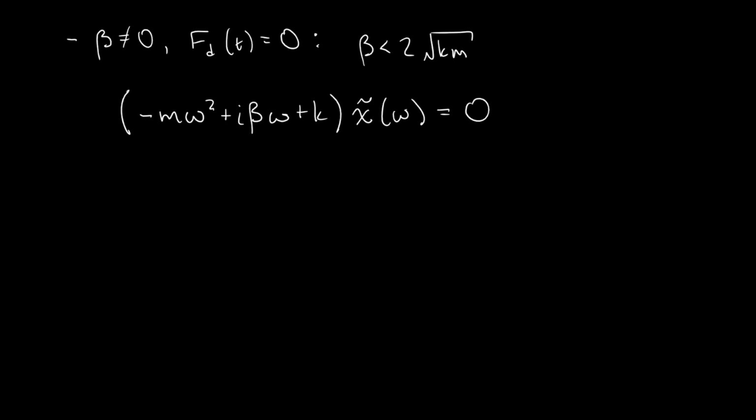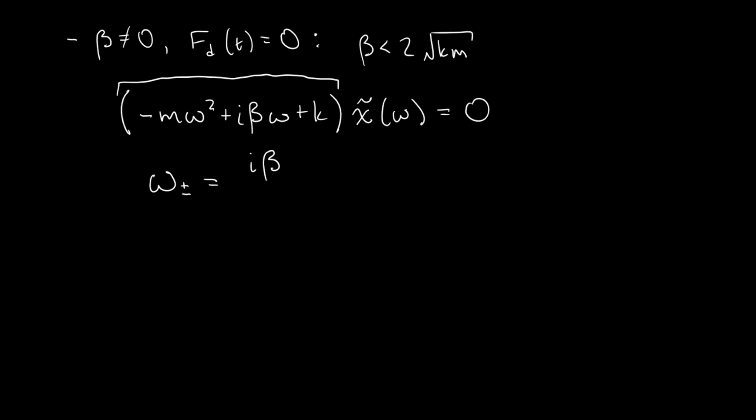Again, I don't want to just set x tilde equal to 0. So I know that this all has to be 0. And of course I can solve this with our favorite quadratic formula. And naturally we get two solutions, which I'll call omega plus and omega minus.